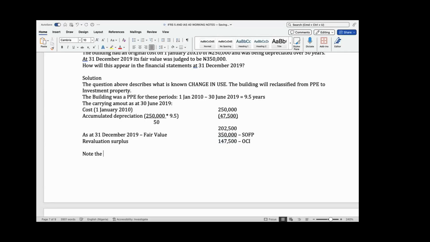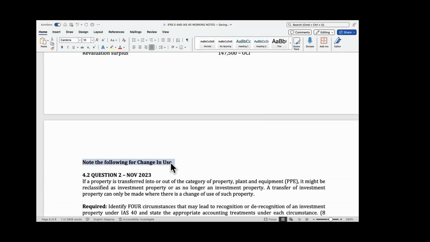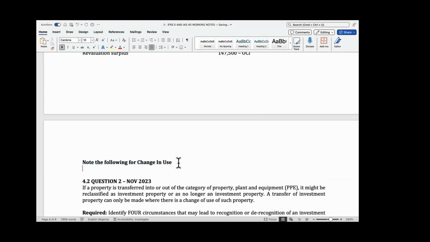Now, there are some things you need to note for change in use. This is extremely important for every one of you. I've seen it severally in your exams. So when there is a change in use, note the following.